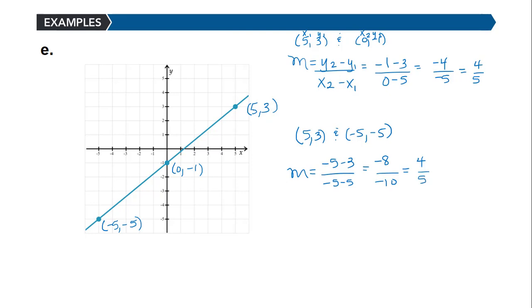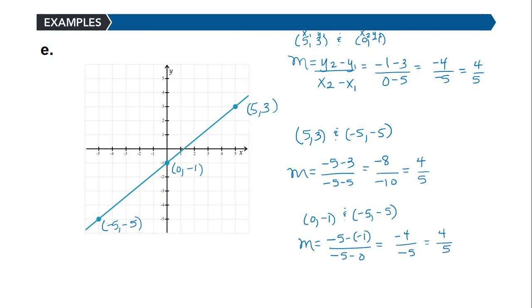So the slope is the same. And what if I use (0, -1) and (-5, -5)? So my slope is the change in y, so -5 minus -1 divided by -5 minus 0. So -5 plus 1 is -4 divided by -5 minus 0 is -5, which simplifies to 4/5.